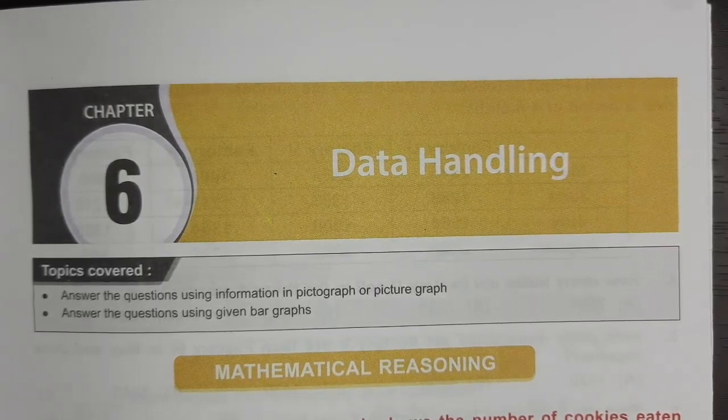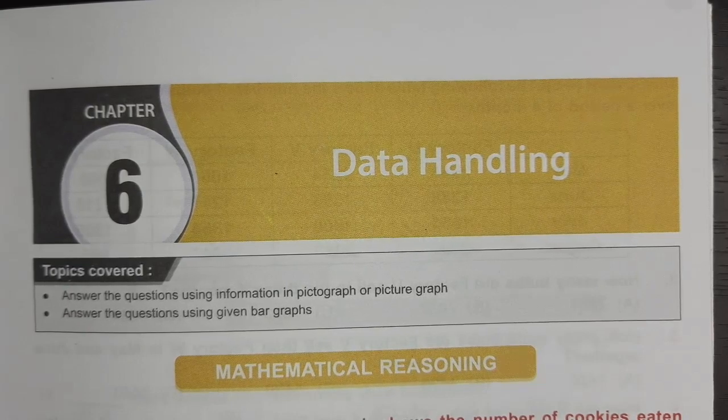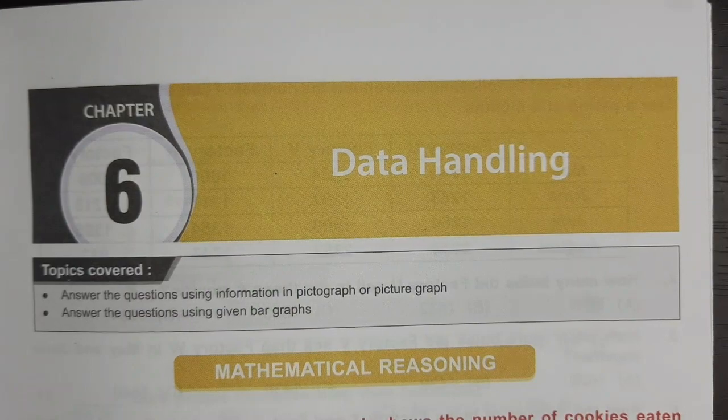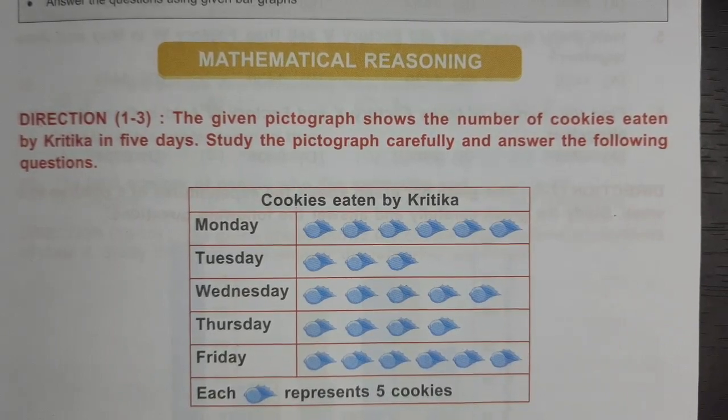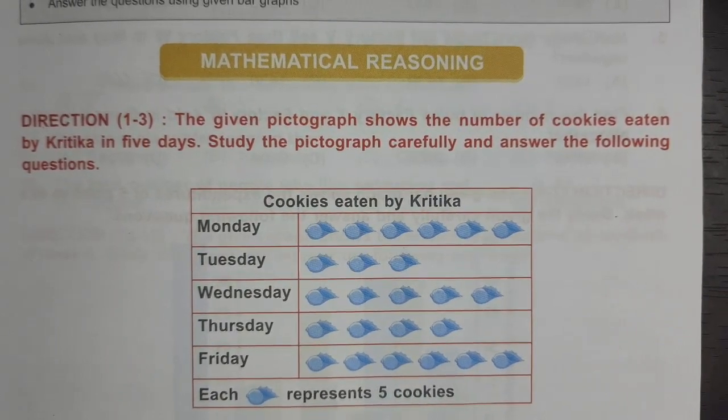So there will be either pictograph, picture graph or bar graphs, and basis that we need to answer the questions which are related to them. So let us get started with the chapter.